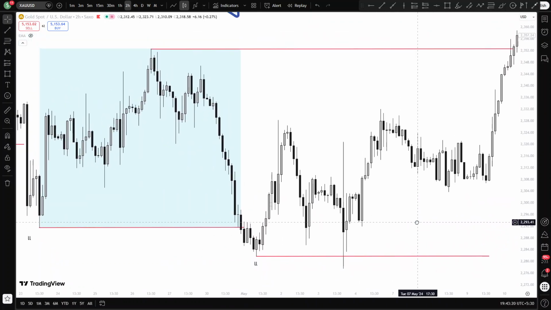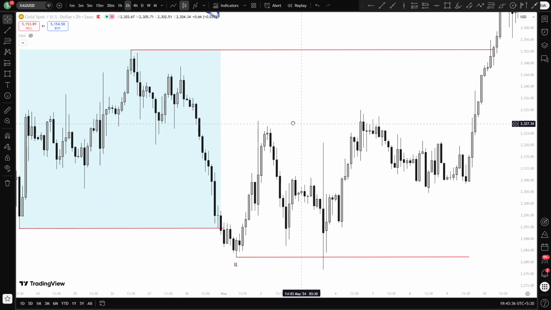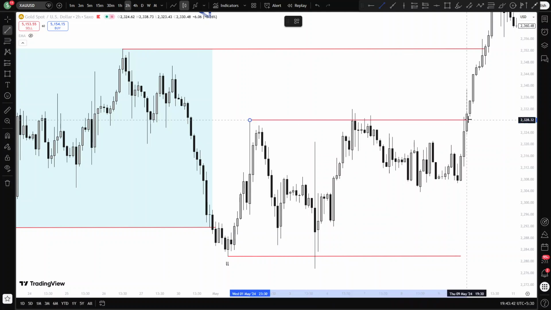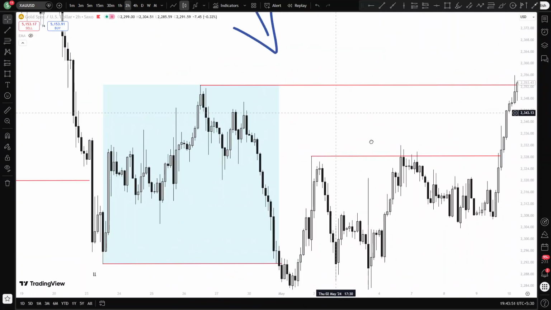We need to wait for the market to give us a break of structure here by the body for us to be able to confirm that this is our lower high. You see what I was talking about? If you mark this as your lower high, what would have happened? The market would have taken you out just like that.